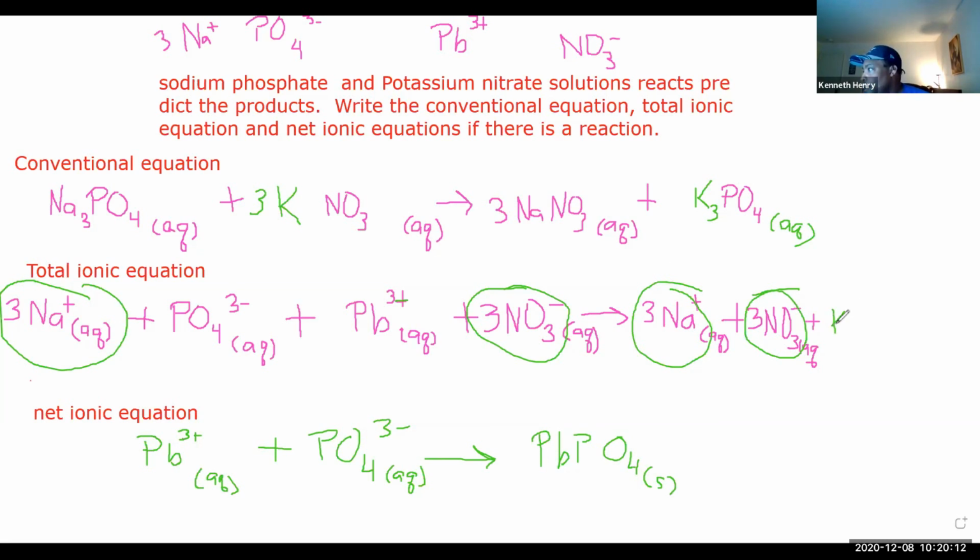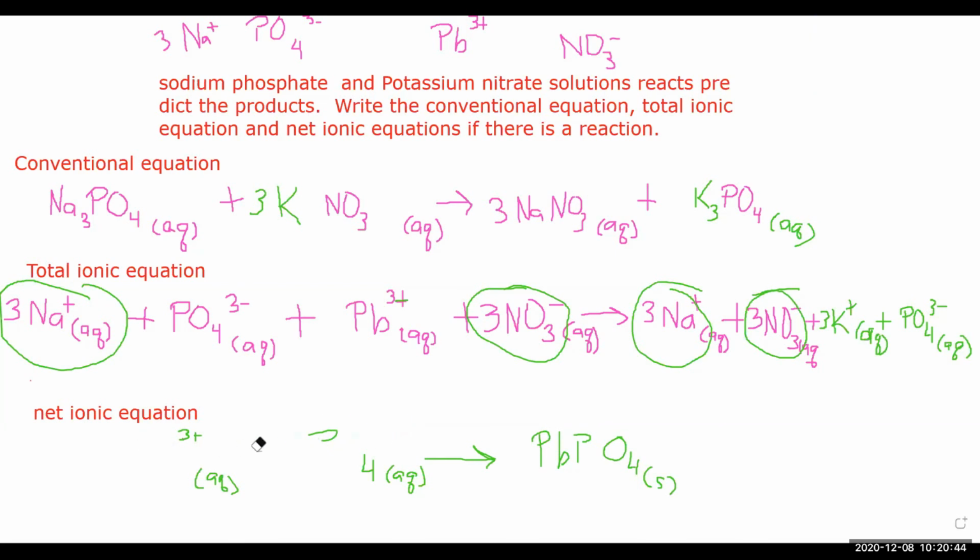So we get K+ (aq), and there's 3 of them, plus PO4 3- (aq). So how does that change my net ionic equation?